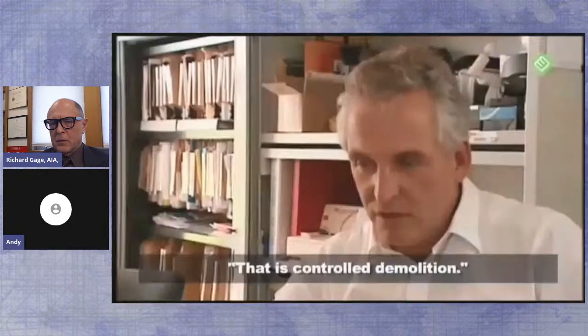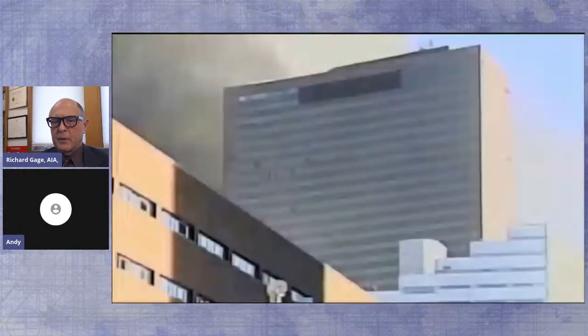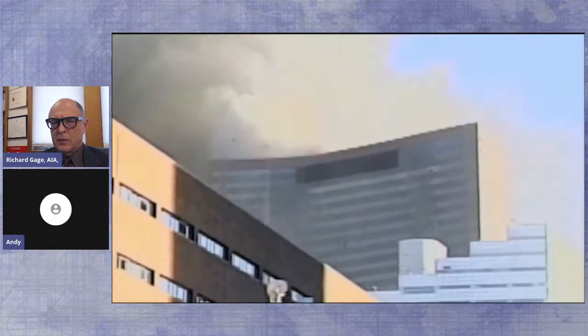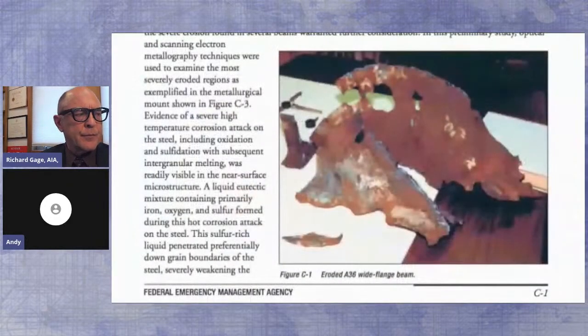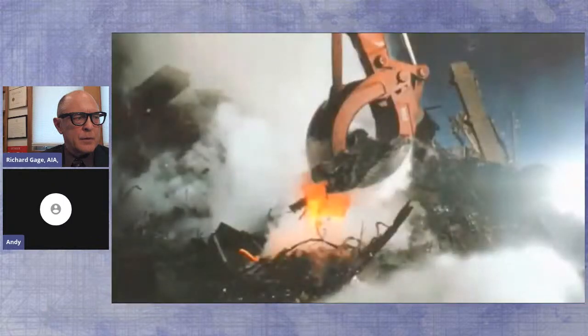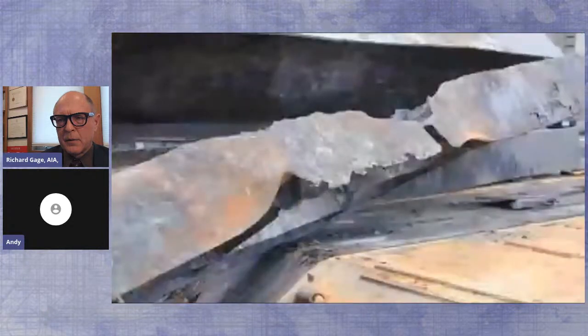You don't need to be an engineer or an architect to see what happened to those buildings. Dit is controlled demolition. Zeker weten. Zeker weten. What I saw was a classic implosion. The center of the core, the penthouse area, starts to move first, and then the building follows along with it. NIST excluded the documents from FEMA and Appendix C that documented the evidence of melting steel. In an office fire, you cannot generate enough heat to melt steel.